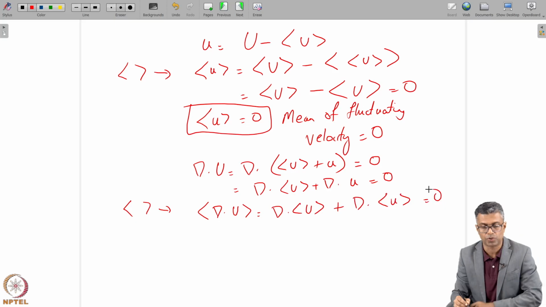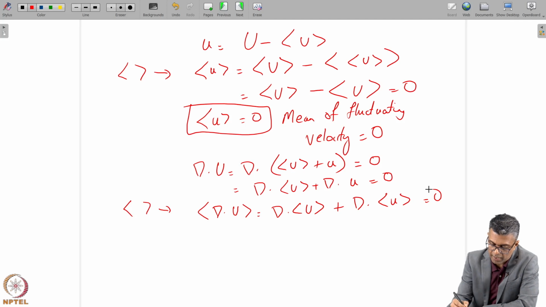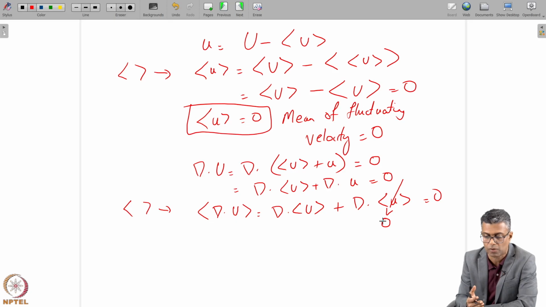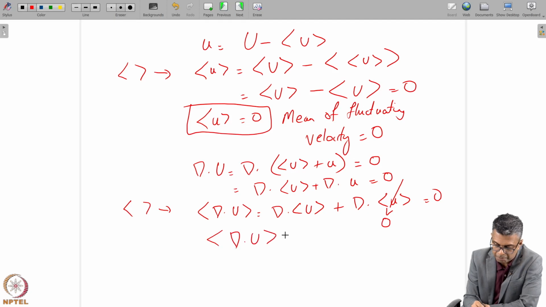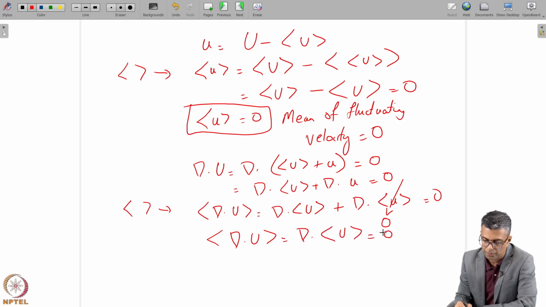This has to be equal to 0, according to continuity. The second term is equal to 0 because the mean of the fluctuating velocity is equal to 0. We already saw that. So that means the average of the continuity equation is the divergence of the mean velocity, which is equal to 0.